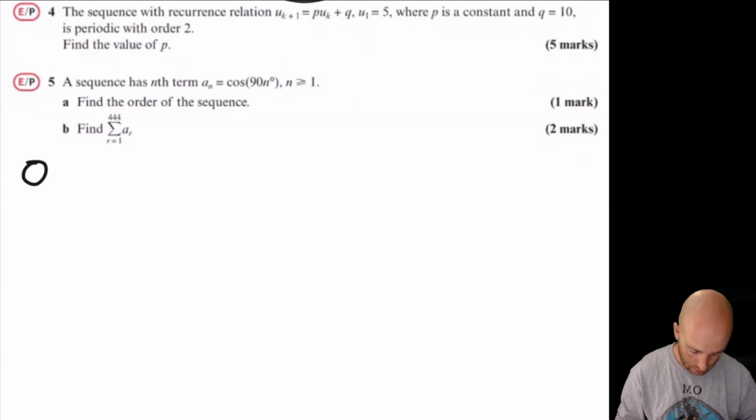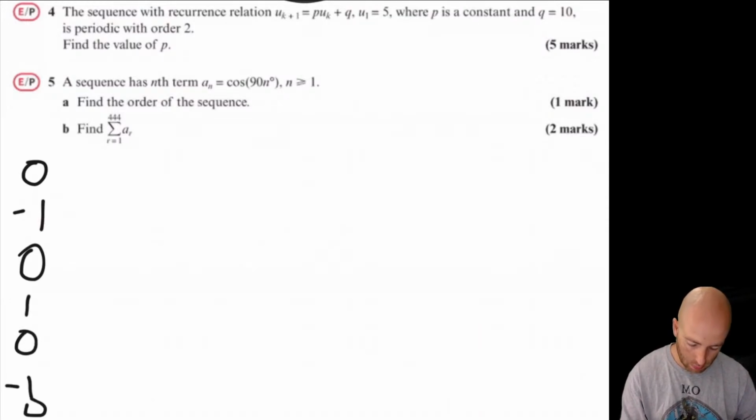Cos of 180 gives me minus 1. Cos of 270 gives me 0, and the next term is also going to be minus 1. No, hang on, sorry, the next one is 1, and 0, and minus 1, and 0, and 1.